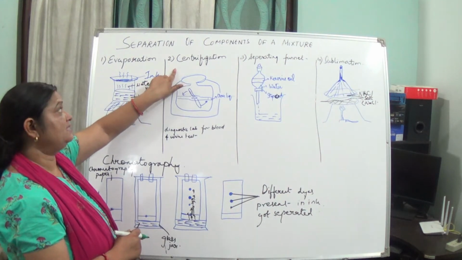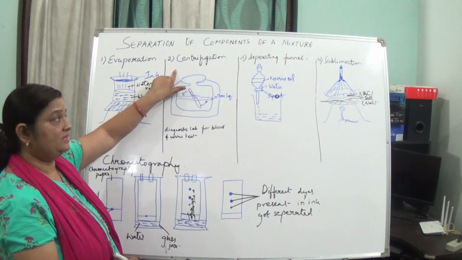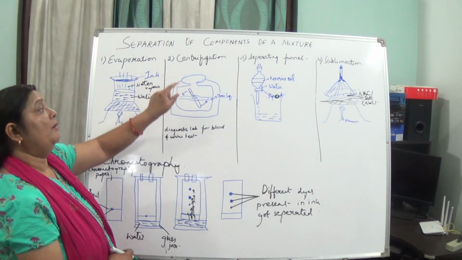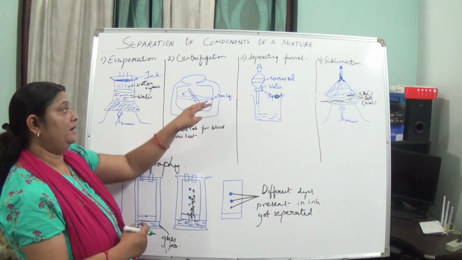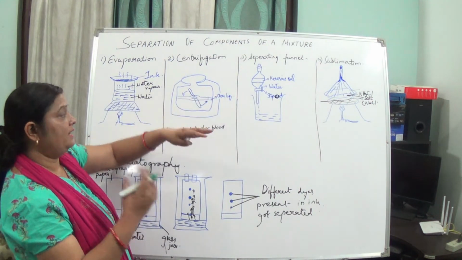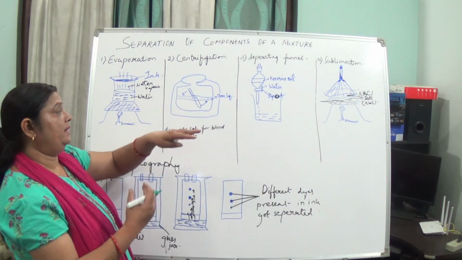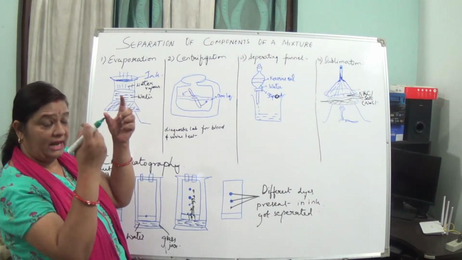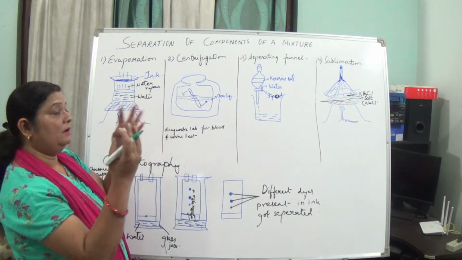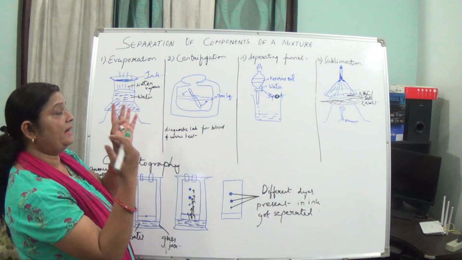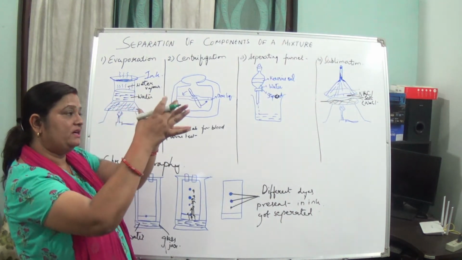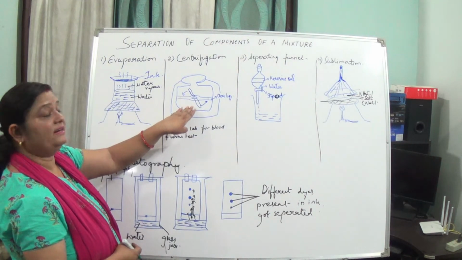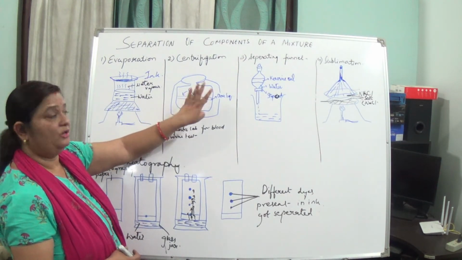Centrifugation, in this the density of the substance present in the homogeneous mixture is seen. It is done by rotating, and as it goes on rotating, the lighter particles, like the cream in the milk, start coming up, and at last it gets accumulated at the bottom, and you get the clear milk.